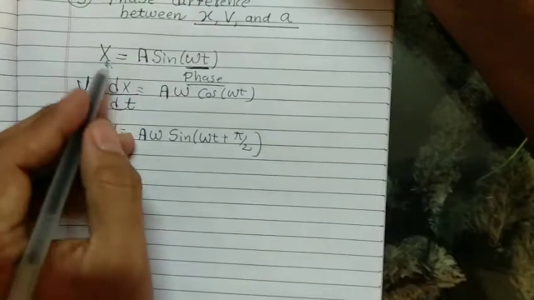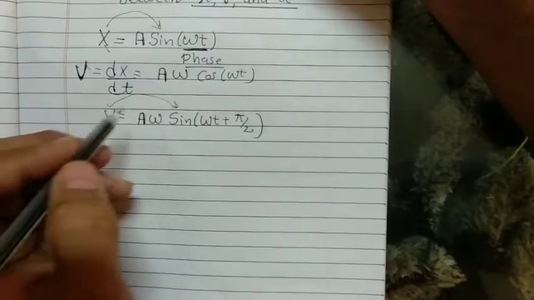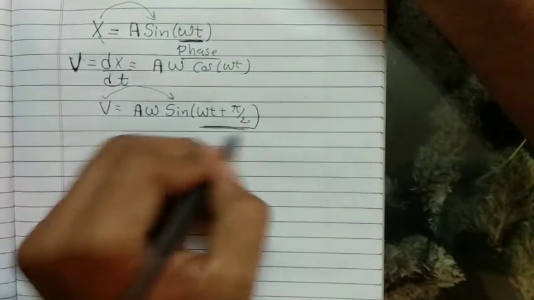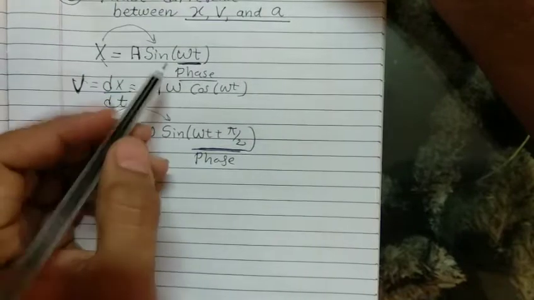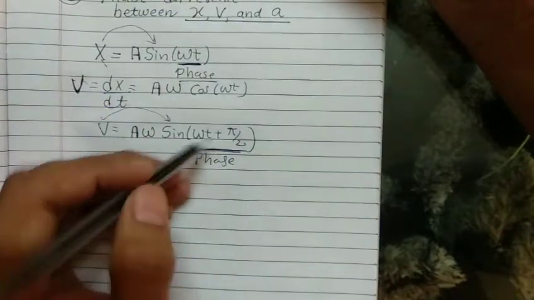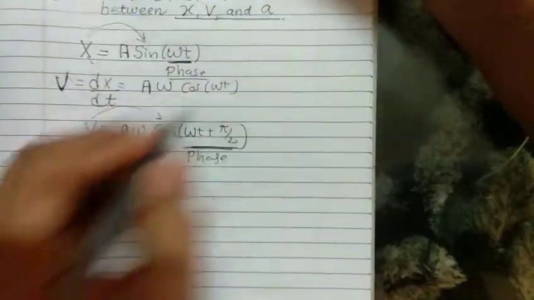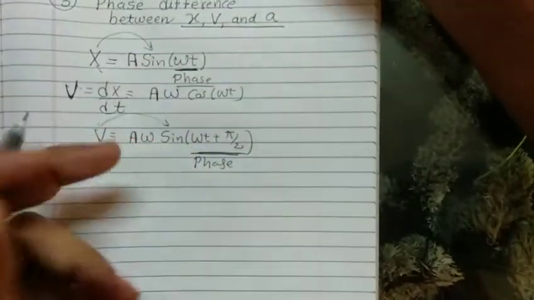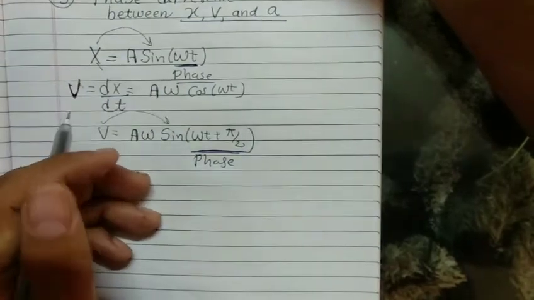See, x is in terms of sine, so velocity also we bring in terms of sine only. Here, this is called the phase of velocity. So clearly you can see that the velocity phase is ahead by 90 degrees compared to the phase of displacement.